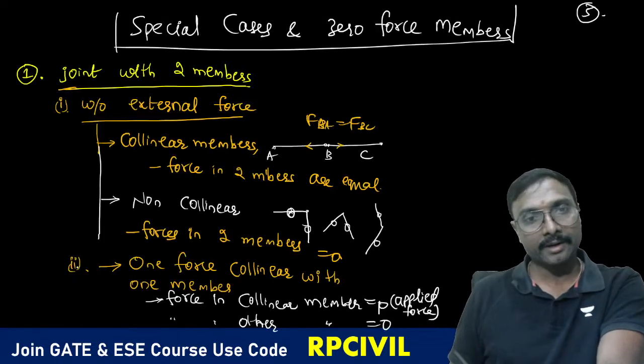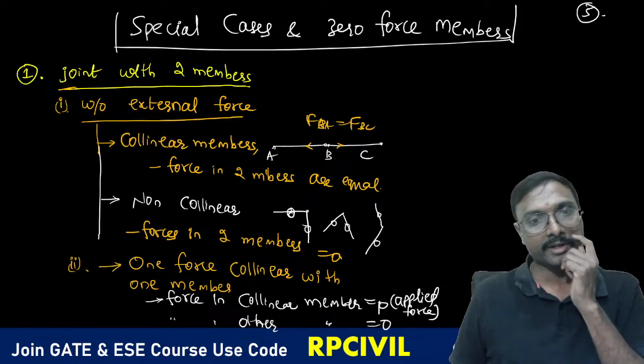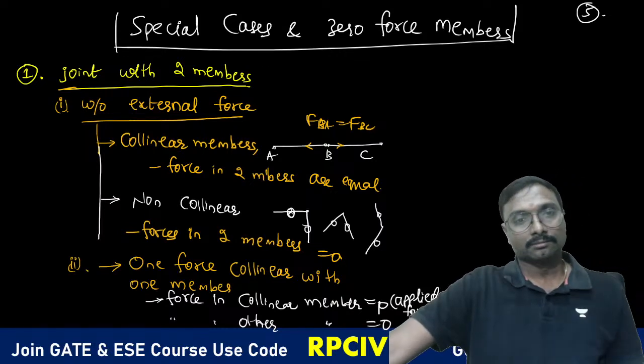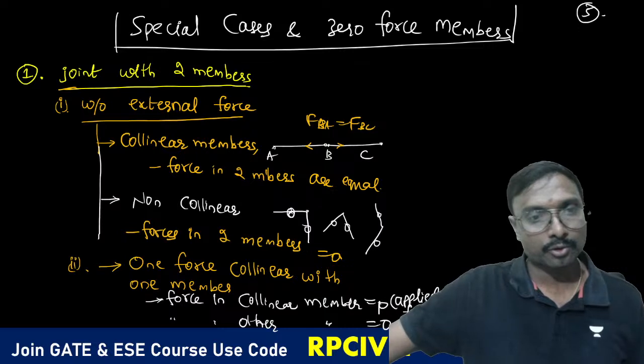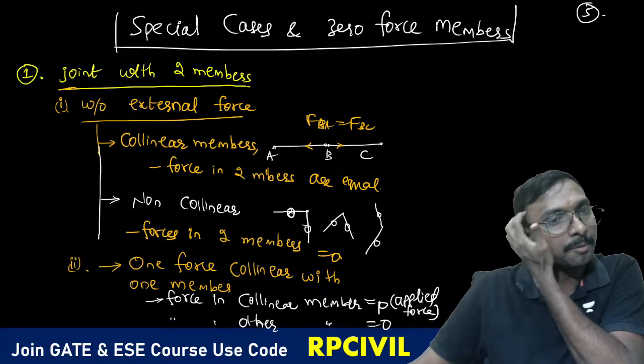One force collinear with what? This is the second bit, right? One force collinear with one member. One force collinear with which one? The other member. Okay.